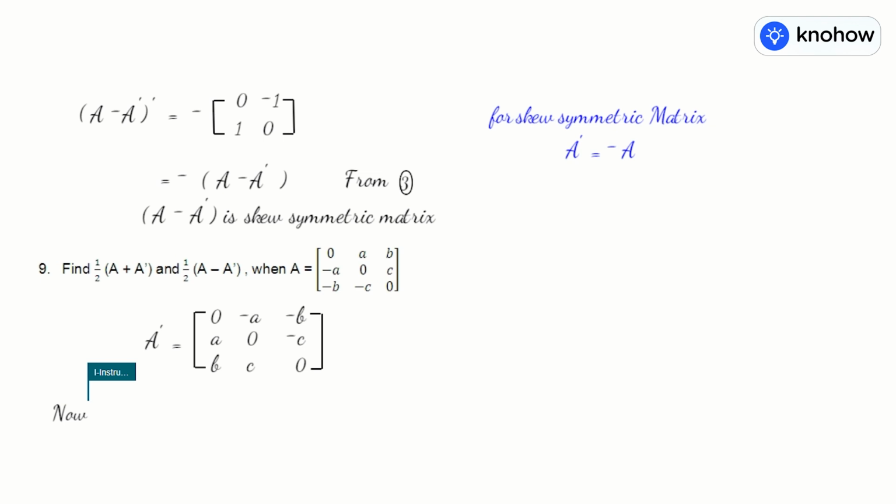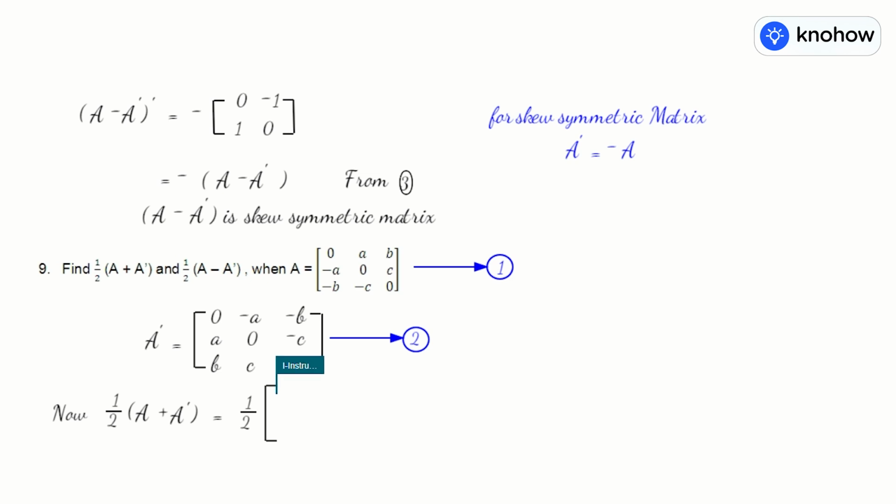Given matrix first, and we have worked out in second its transpose. So what is the value of half times A plus A dash? Keeping half out, add the corresponding elements. In the first row, first of all, 0 plus 0, 0; a minus a, 0; b minus b, 0; and similarly, if you add all of them, you will find that every element comes out to be 0.